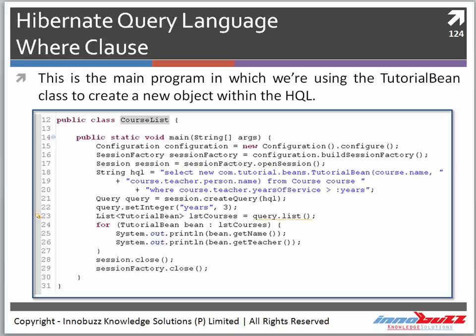As we have said, this is very important because if you don't have the proper constructor on the class, it will not create the object. The rest of the HQL is the same as before. Then, on line 23, we have a list with TutorialBean objects inside.